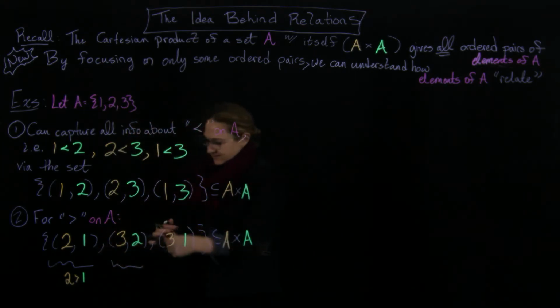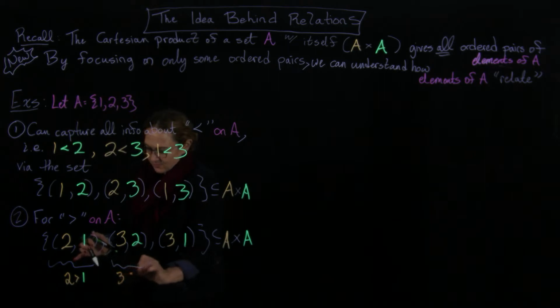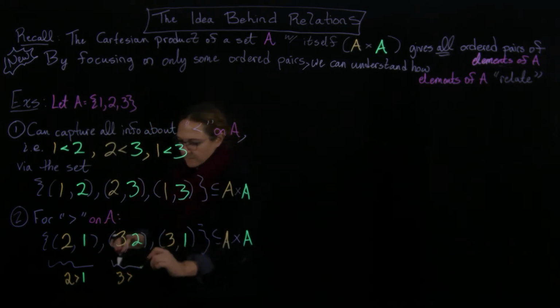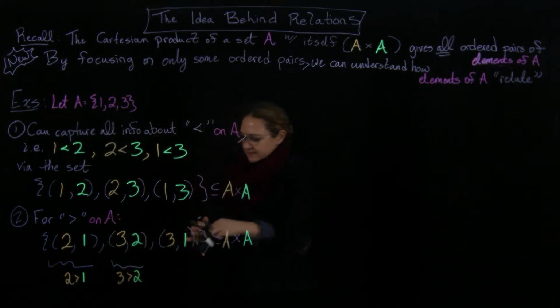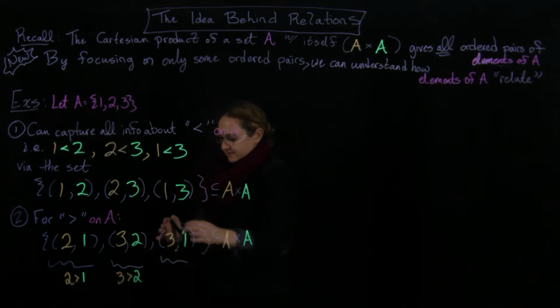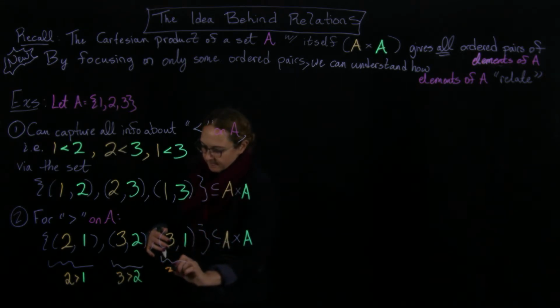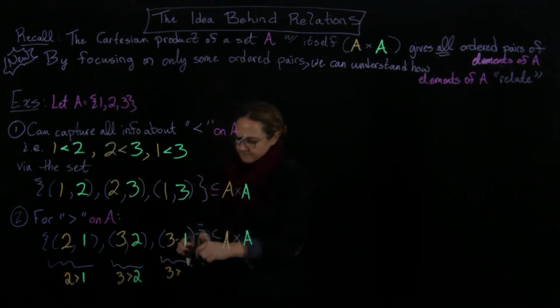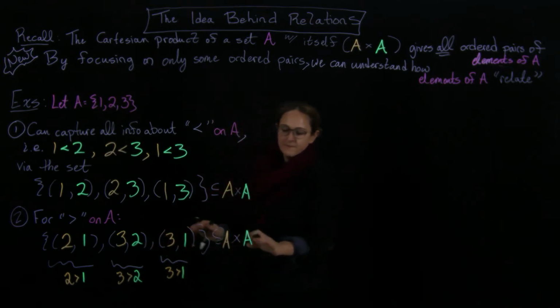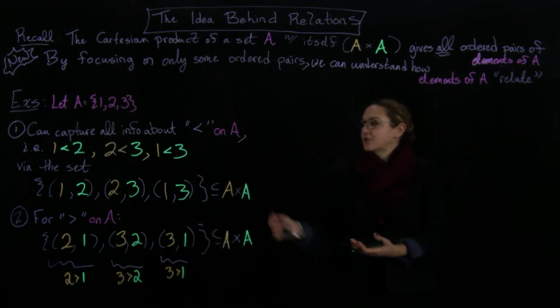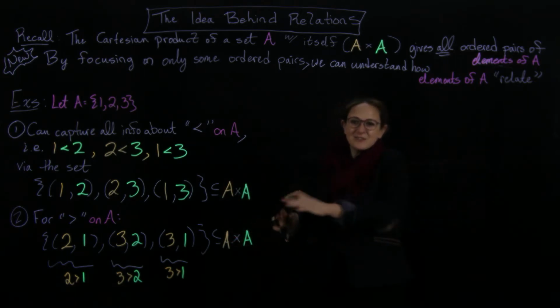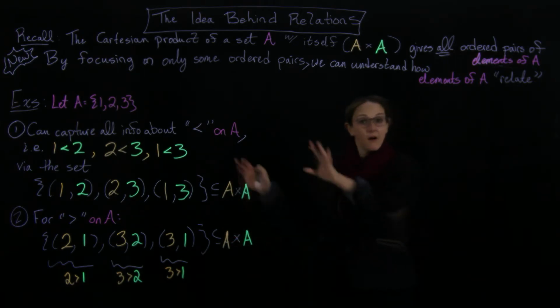This one is giving me the information that 3 is greater than 2. This one is giving me the information that 3 is greater than 1. And so that's all the information I need to know what it means to be greater than on that set.